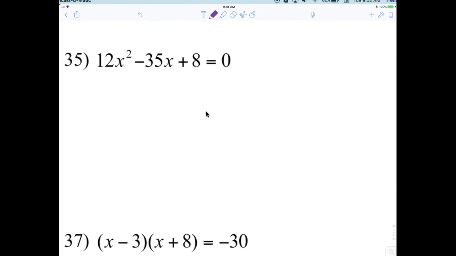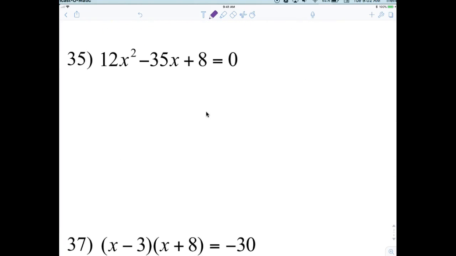All right, 35. Again, let's try to get this done quickly. 4x and 3x, 4 and 2. Not going to work. So it's going to be 8 and 1, correct? So 8 would have to go over here, 1 here.